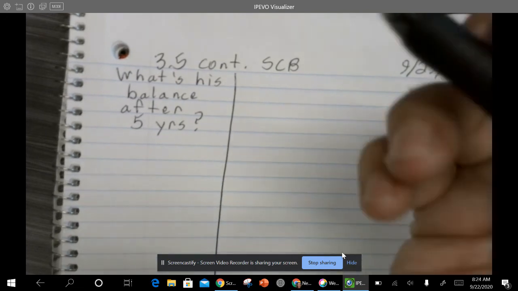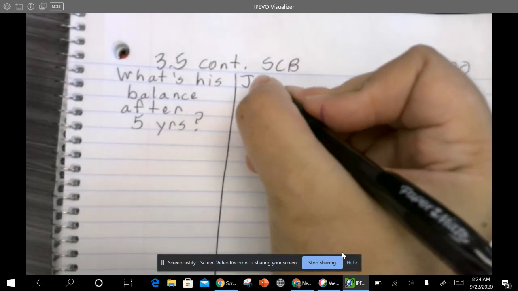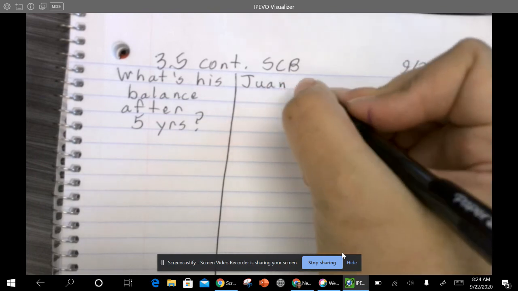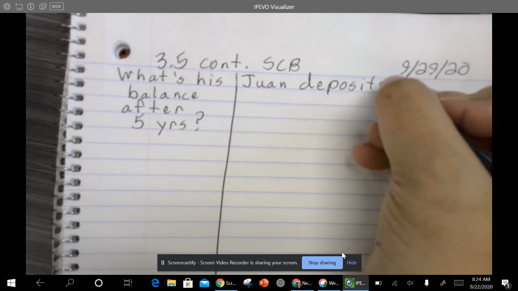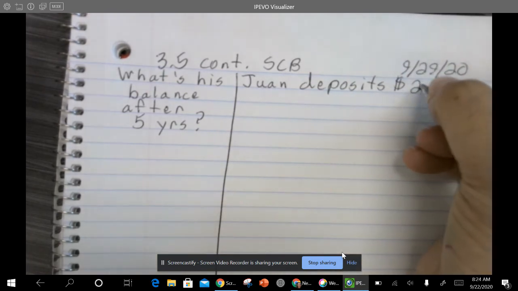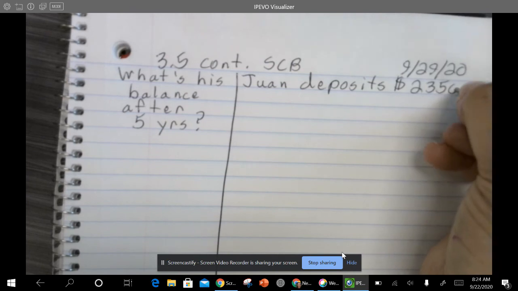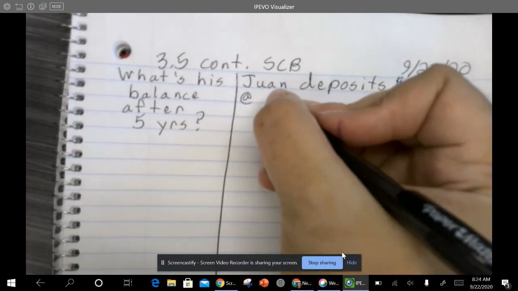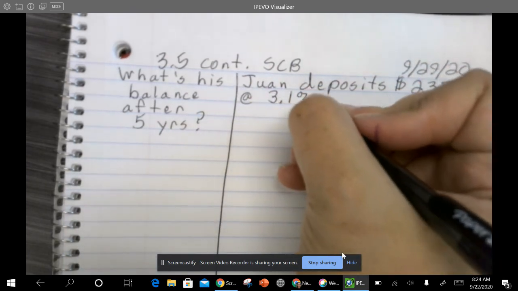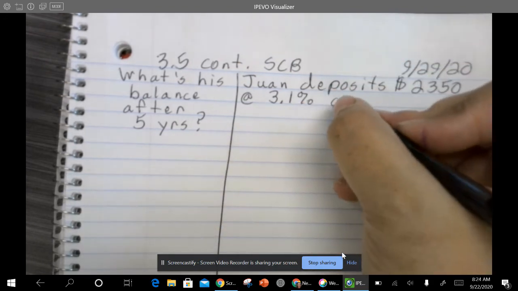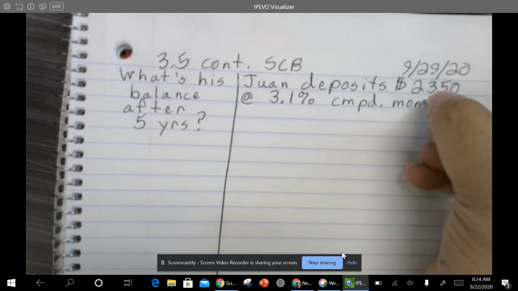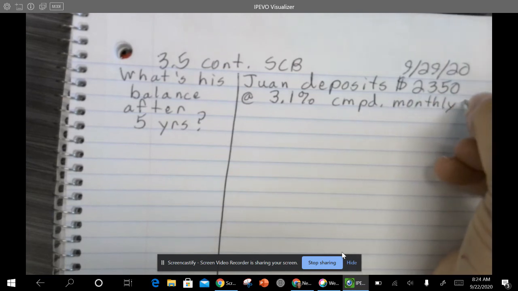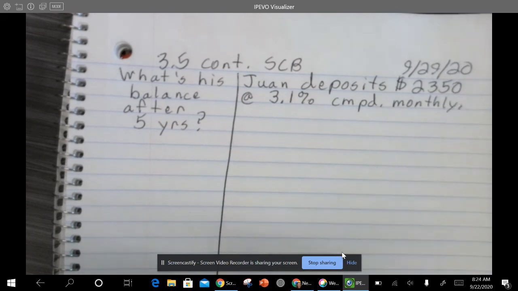So this is for 1 deposit of $2,350 at 3.1% compounded monthly. And we want to know what his balance is after 5 years.